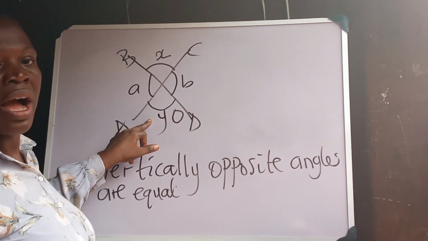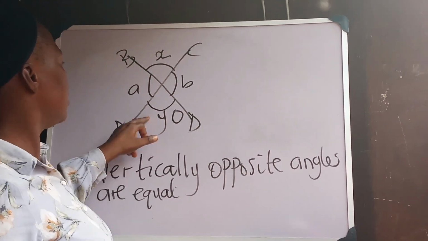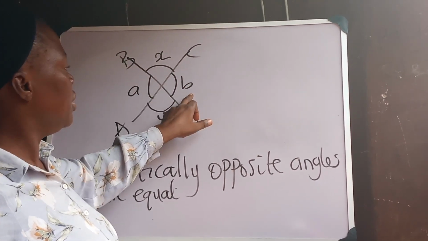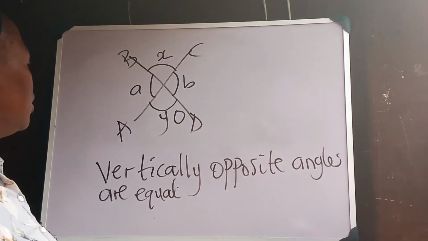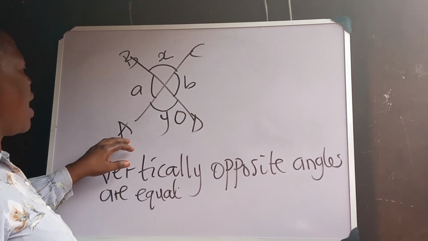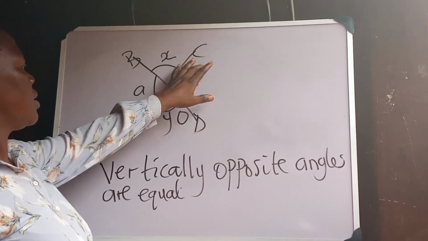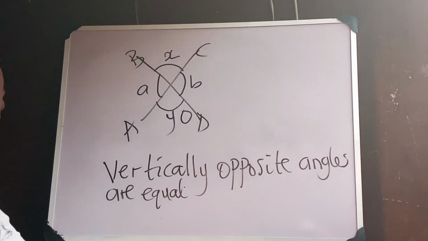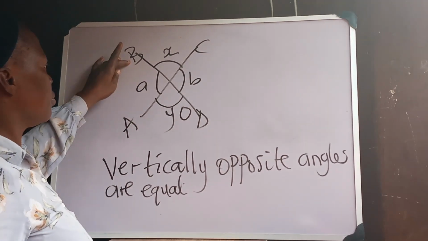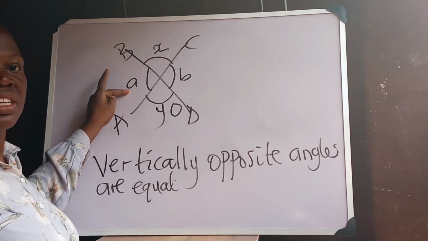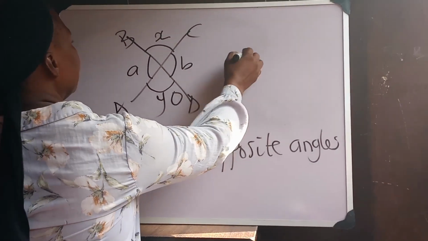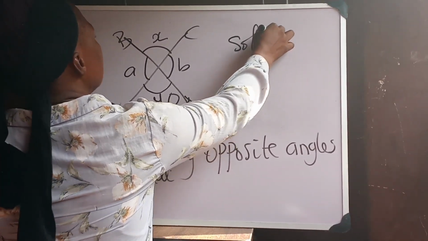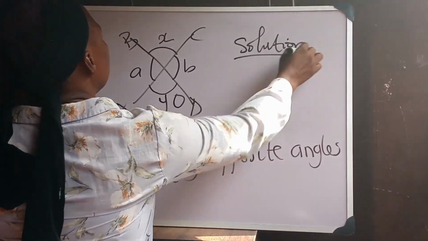X and Y are vertically opposite. A and B are vertically opposite. Let's look at it having these letters here. This is letter A, B, indicating this angle here. Example. Let's look at it. Solution to what we are doing.